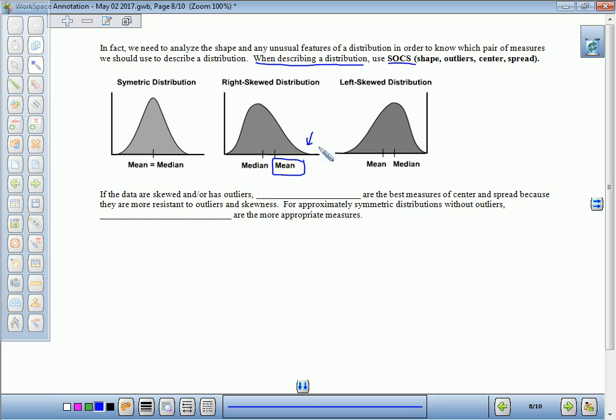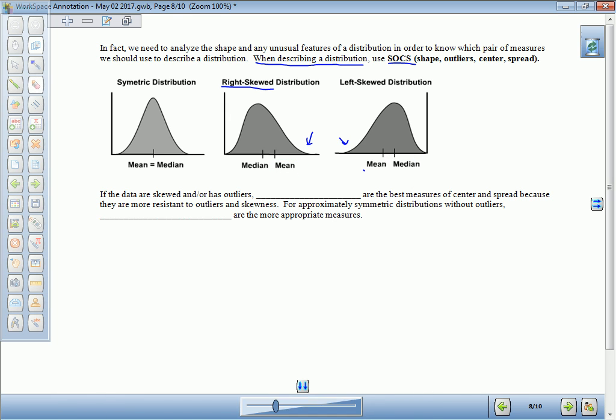When we have maybe even outliers up here at the upper end, it pulls that mean up higher. It makes the mean greater than the median. So when the mean is to the right of the median, it is right skewed. But when the tail of the data is to the left, look where the mean is. It's to the left of the median.